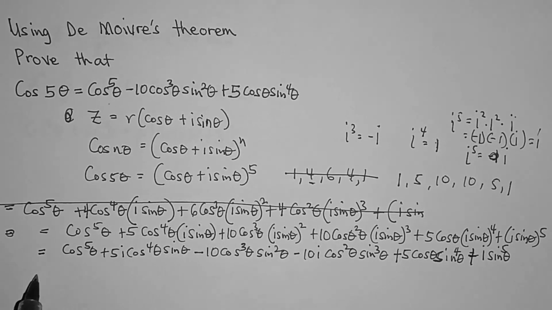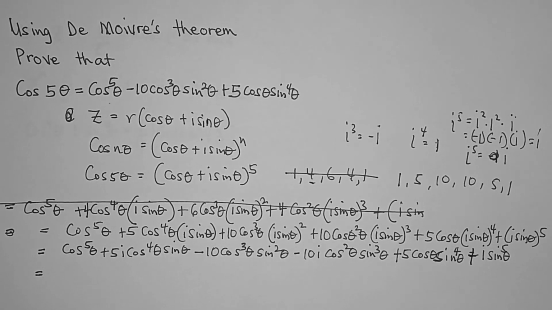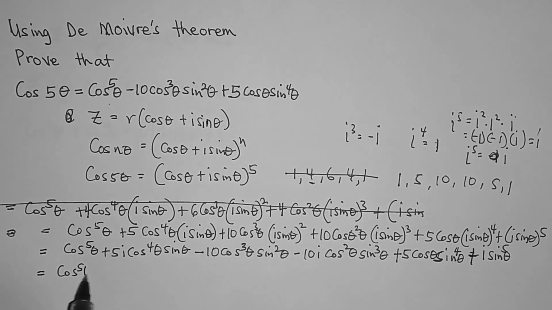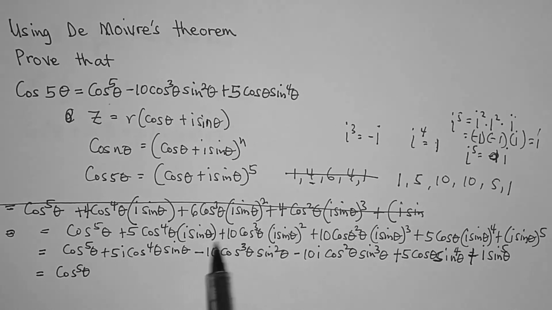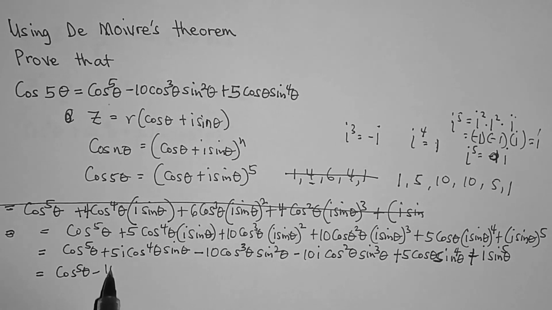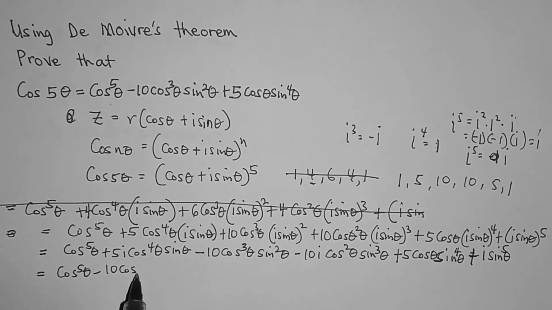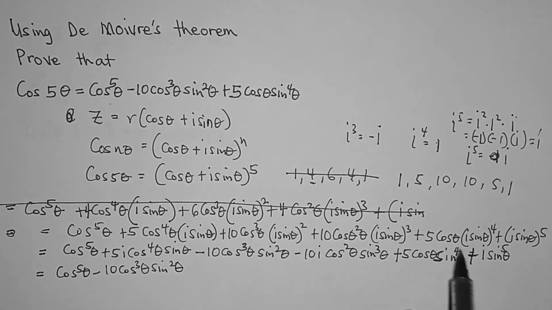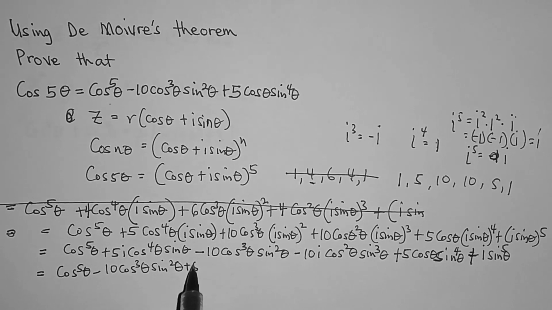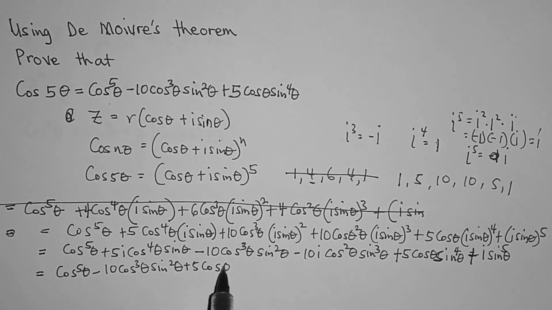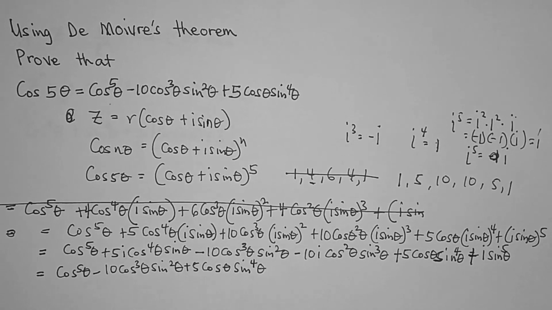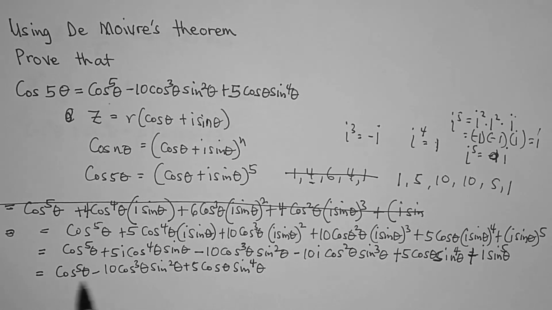So at this point, let's group the like terms. This is equal to cos theta exponent 5, then minus 10 cos cubed theta sine squared theta, and plus 5 cos theta sine theta exponent 4. So we are done with the real part. Let's write the imaginary part.